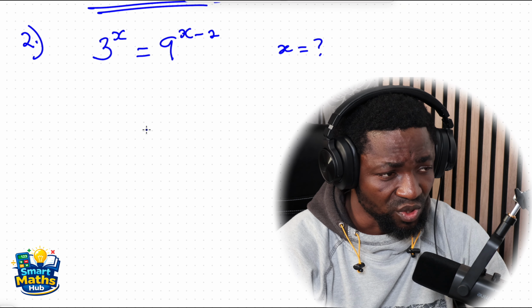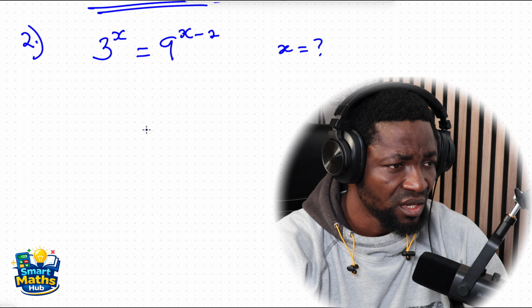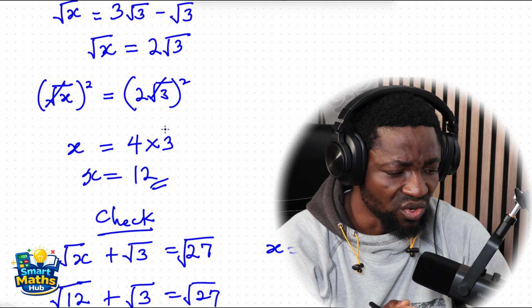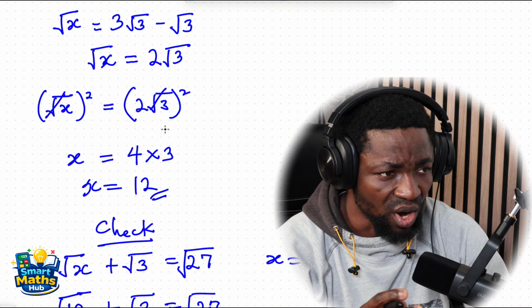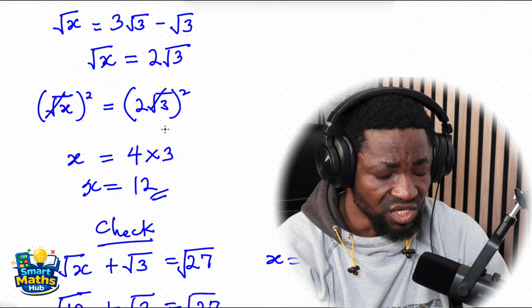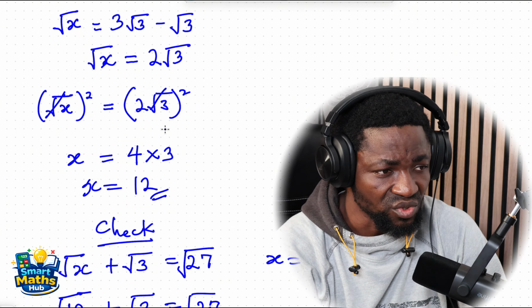Before I move to question number 2, let me go back to question number 1 and explain something. Whenever we have a square root in an equation, our goal is to isolate the root, because if you don't isolate the root, it's going to affect you.